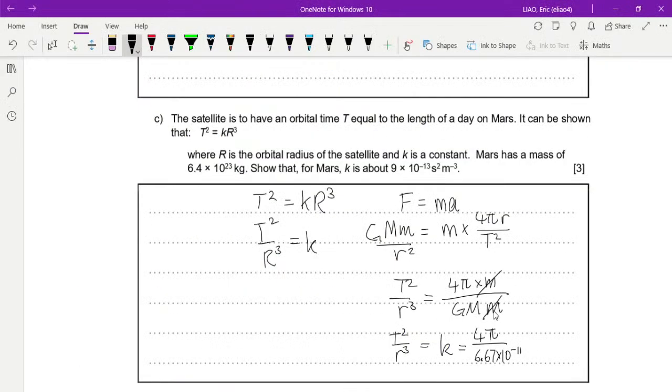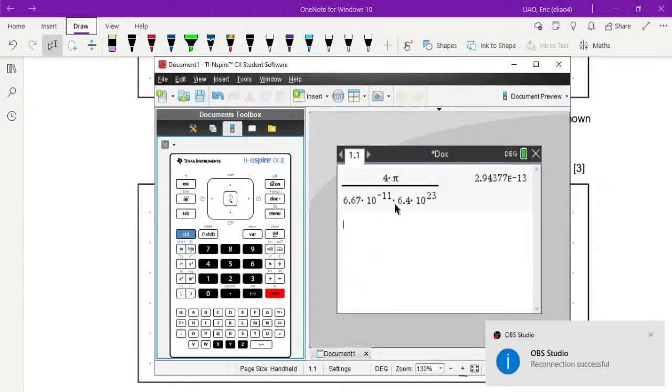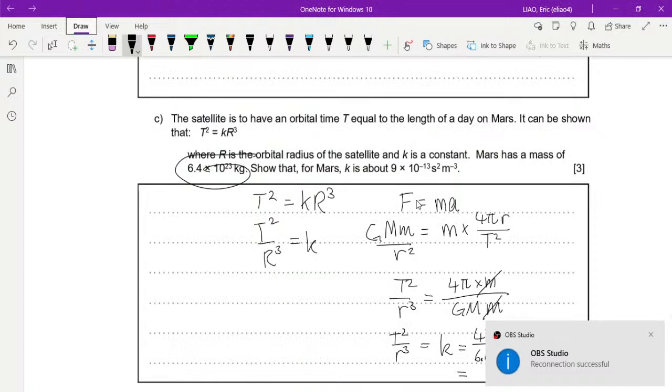Yep, and then we know that the mass of Mars is 6.4 times 10 to the 23. And this will give a value of k, which is 2.9 times 10 to the negative 13.